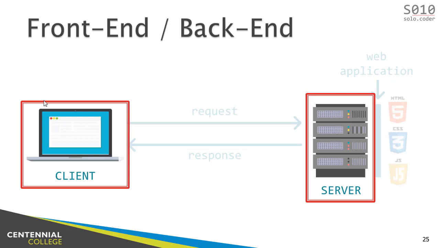One note here: the server will be responding with HTML. It can have CSS as well. It can have JavaScript as well. What else can it bring back? What other types of files can it bring back? JSON, very true.